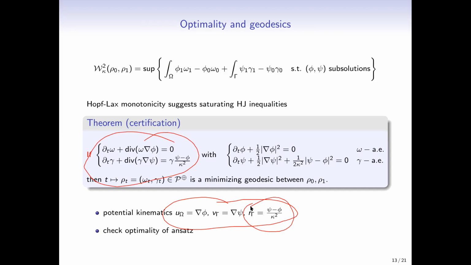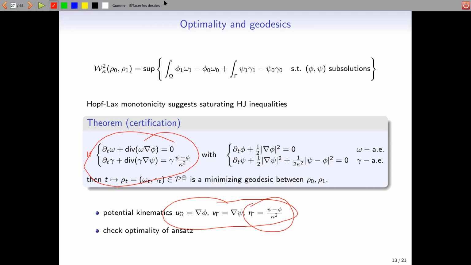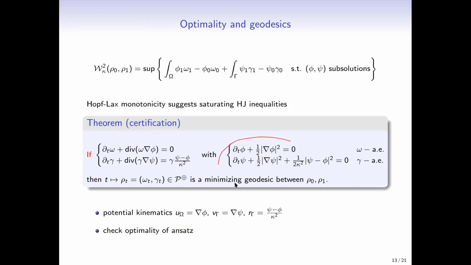So if you can find a solution of the continuity equations such that this is true and phi, psi are actually solutions of the Hamilton-Jacobi equations and not just subsolutions, then automatically you know that you get a geodesic. You get an optimizer in both the primal minimization or dual maximization problem.